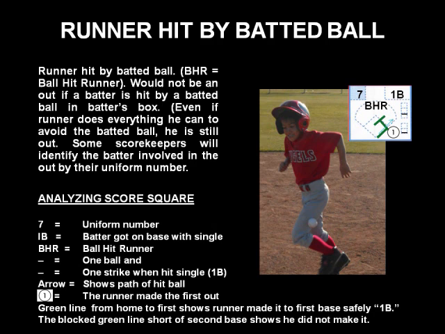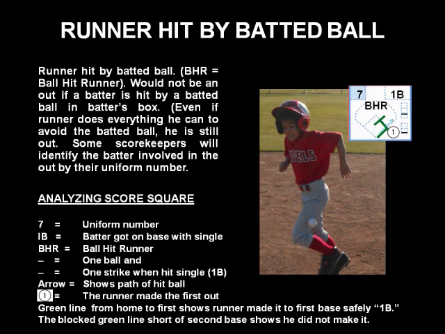Okay, let's analyze the score square. The 7 is the uniform number. 1B, that is how the batter got on base with a single. BHR, like I said earlier, is the ball hit runner.